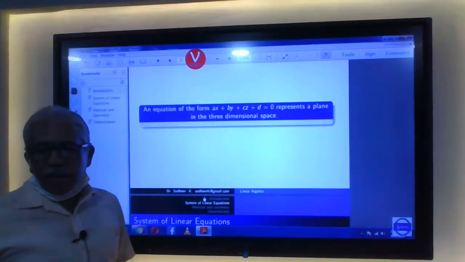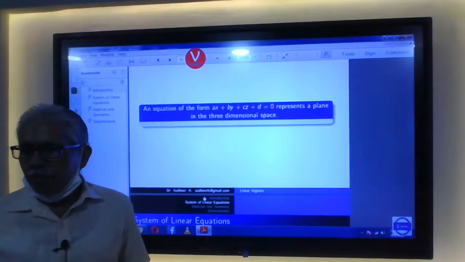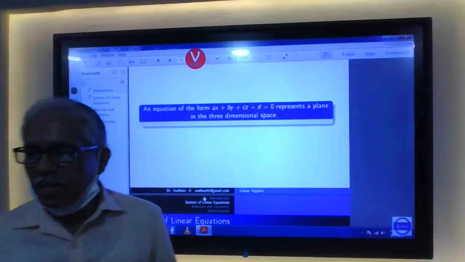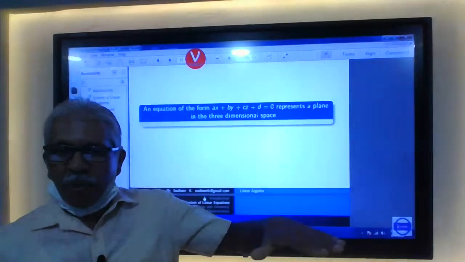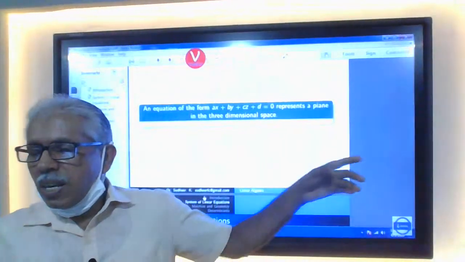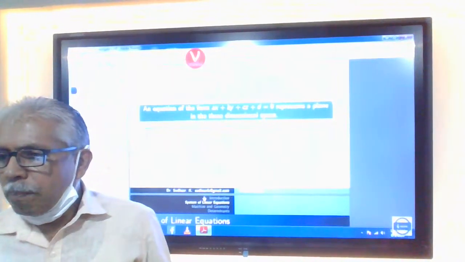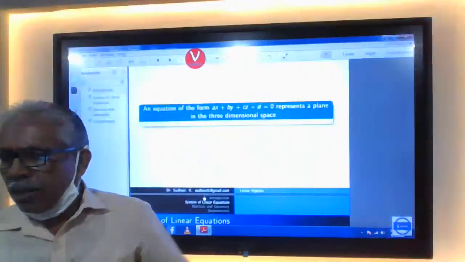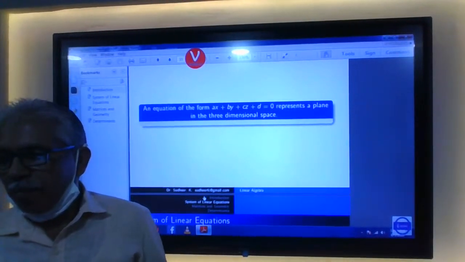So, if three such equations are given, what will be the geometrical implication? You can imagine there is a floor and two walls meeting at one corner of the room. So, there are three planes, and the three planes are meeting at exactly one point.